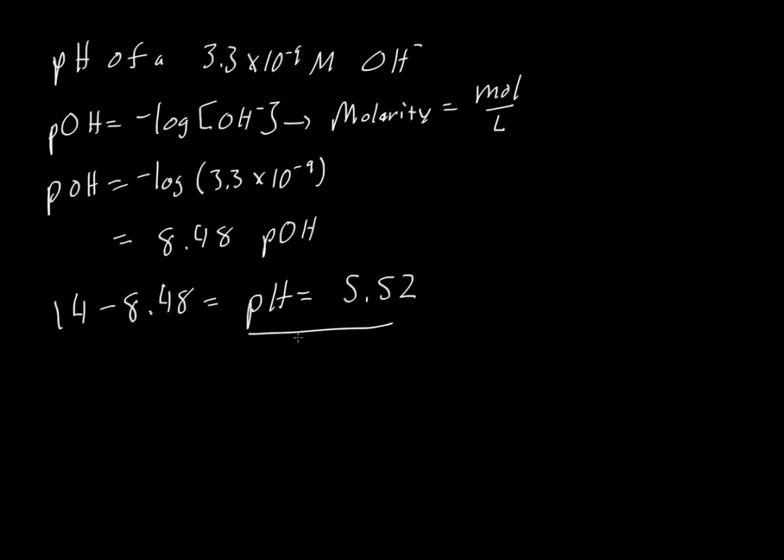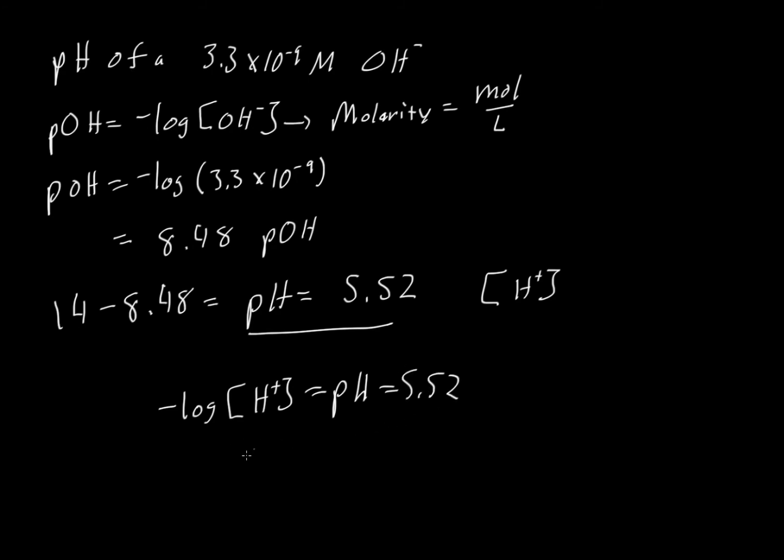Conversely, if you want to find the concentration of hydronium ions from our pH, we can do that as well. So what is now the concentration of your H plus ions? Well, that's simple. We know that the negative log of our concentration of hydronium ions is equal to our pH, which is equal to 5.52.